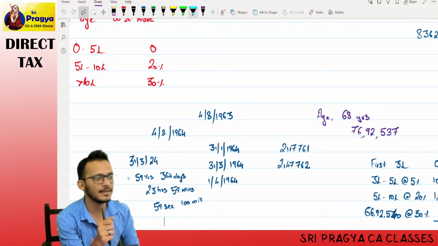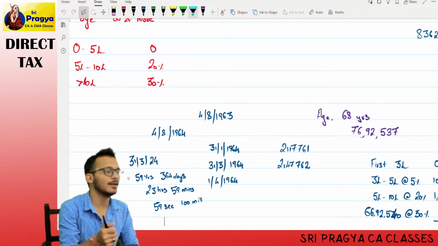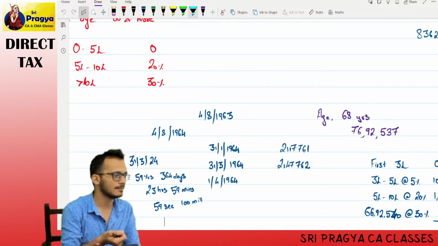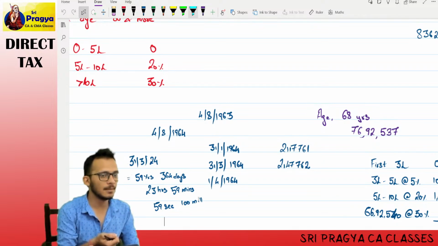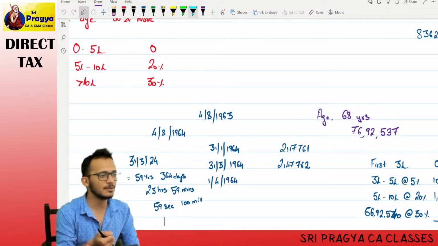Which means the day is already ended. She has already become 60. From 12 o'clock she's going to start 60, but she's already become 60. Agreed? Which means on that date, she was already a senior citizen.